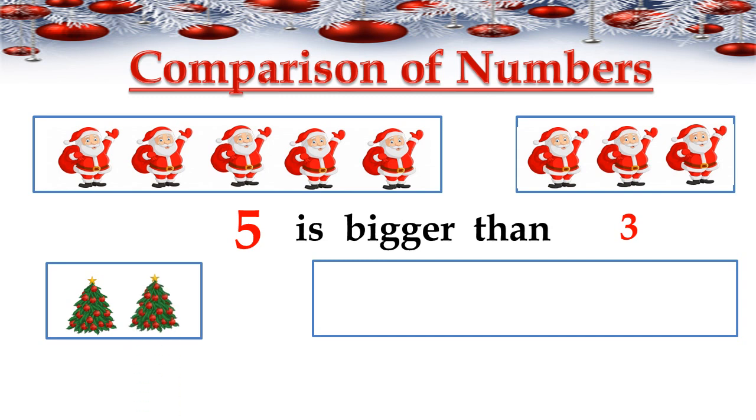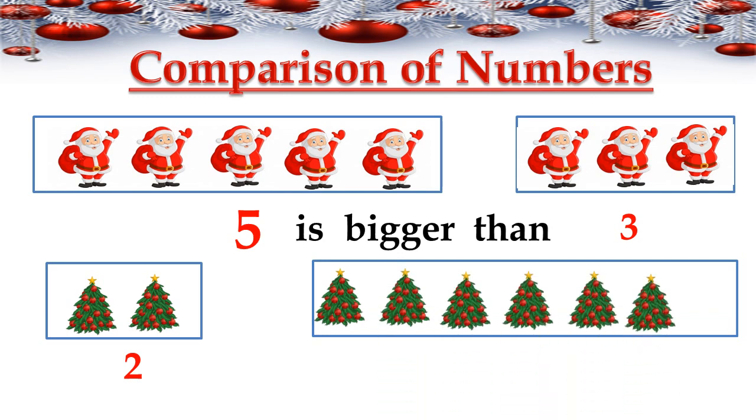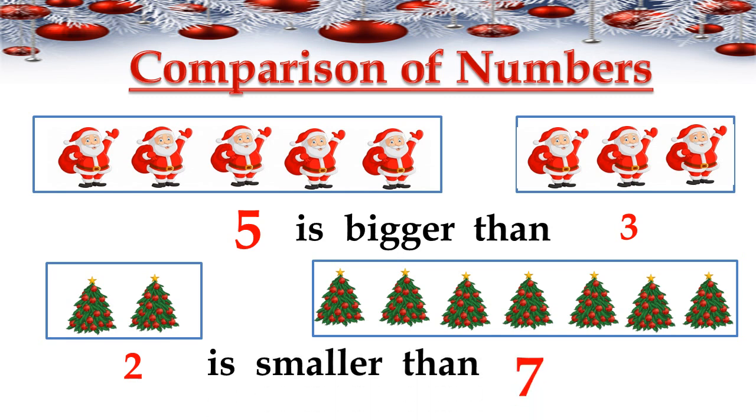There are 2 Xmas trees in the first box. The second box contains 7 Xmas trees. Which number is bigger from these two numbers? 2 or 7? 7 is bigger than 2. Or we can say 2 is smaller than 7.